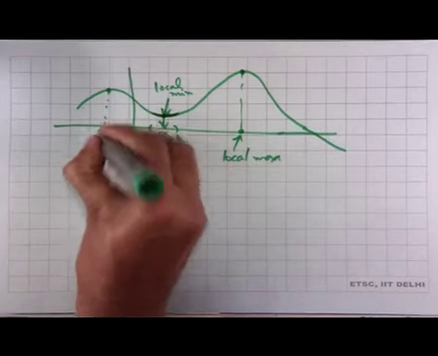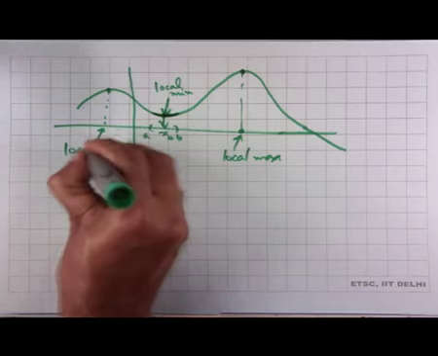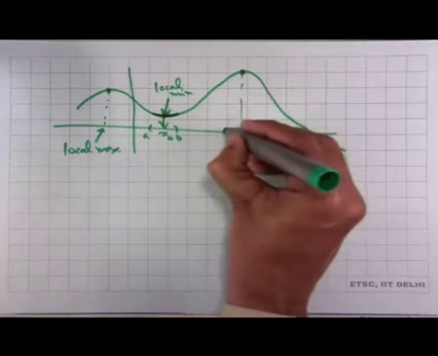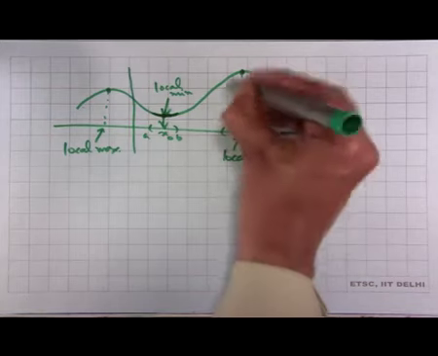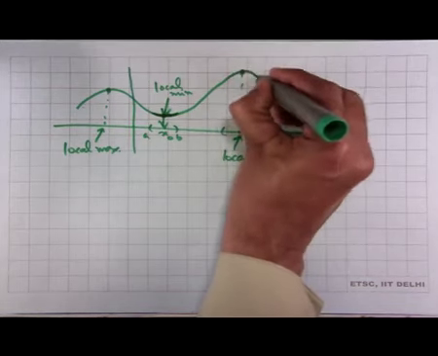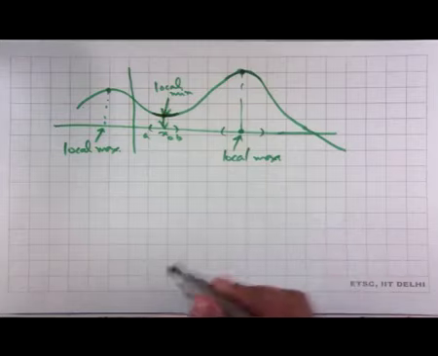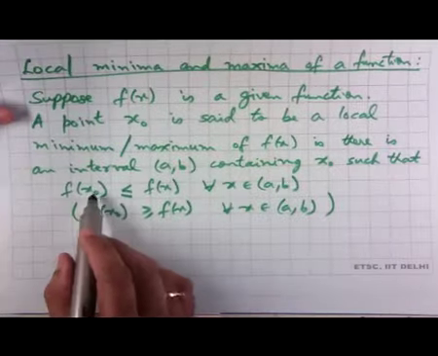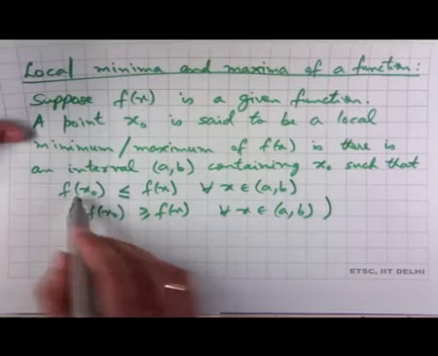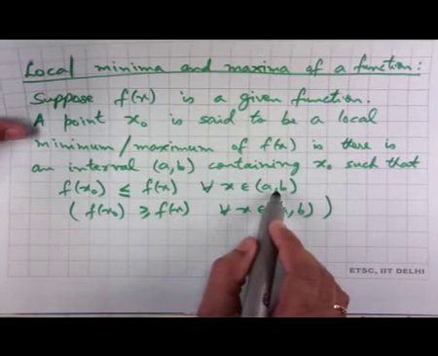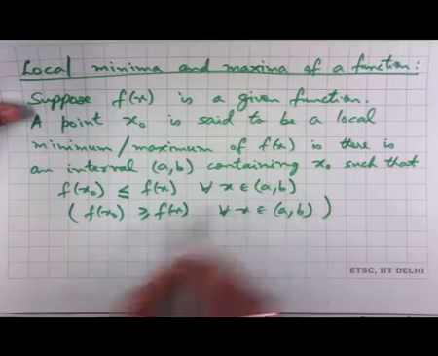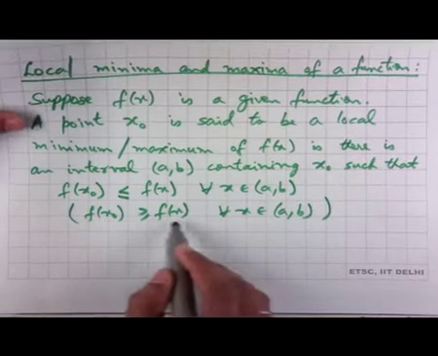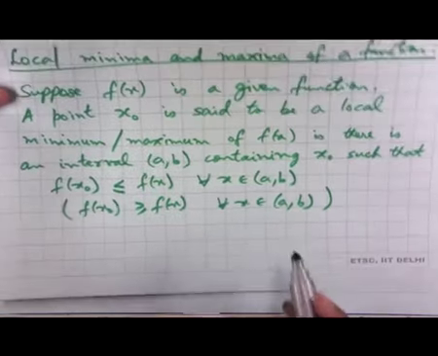This again corresponds to a local max, because I can take an interval like this, and then you see that this is the maximum value. So here f of x naught is the minimum value in some interval containing x naught, and for a local maximum f of x naught is the maximum value of f of x in some interval.